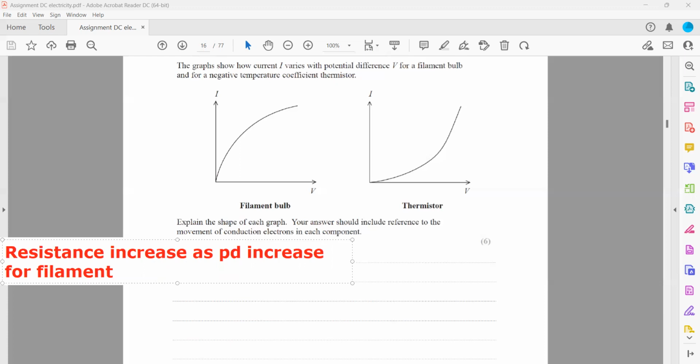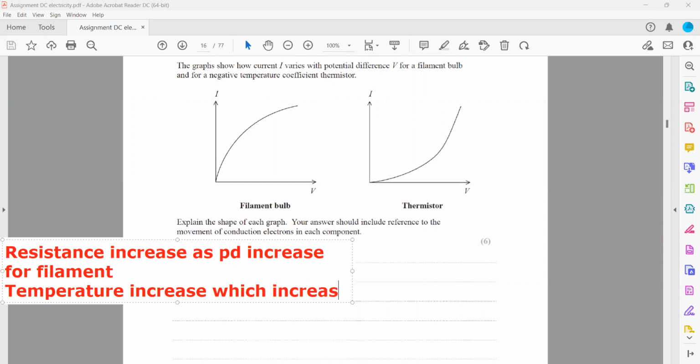Then what will happen? This leads to an increase in temperature, which increases the vibration of ions in the lattice.